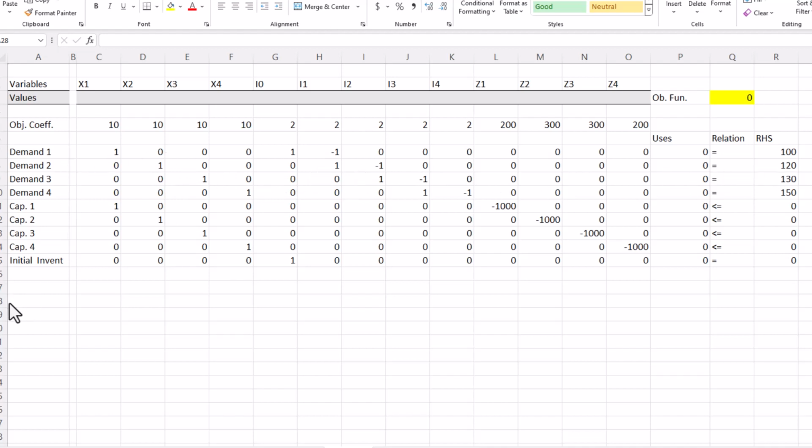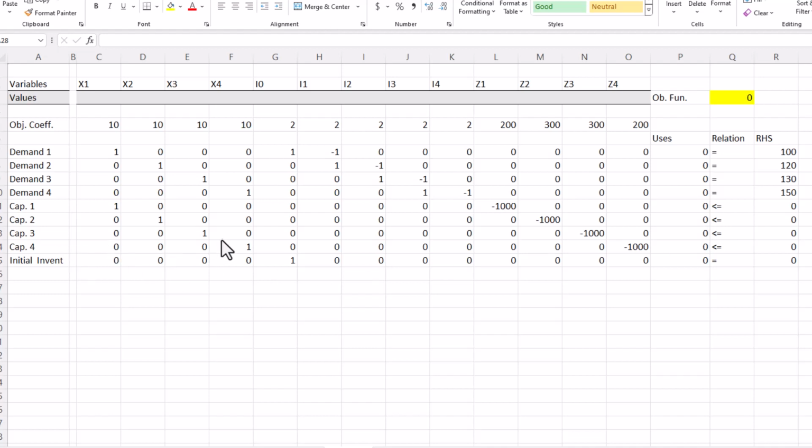Now we go to the capacity constraint. The capacity constraints are x1 must be less than or equal to s of t z of t. I have chosen 1000 for the value of s of t, which is being multiplied to z1 for the first period, must be less than or equal to 0. Similarly, for the second period, capacity constraint number 2, x2 minus 1000 z2 less than or equal to 0.